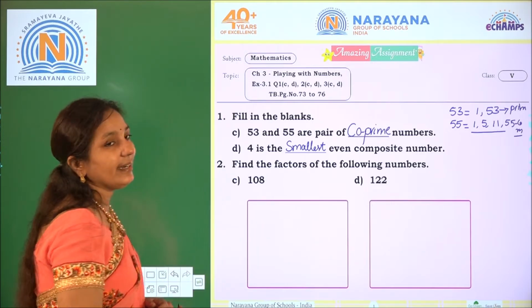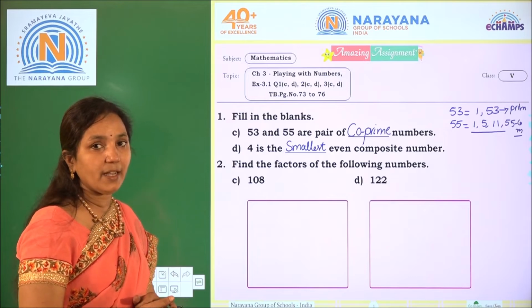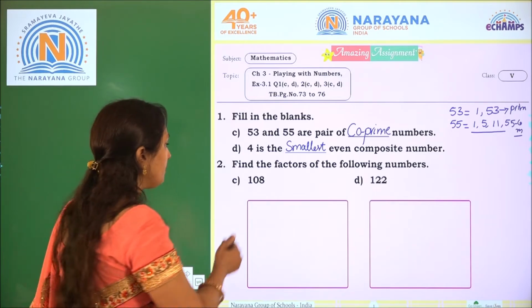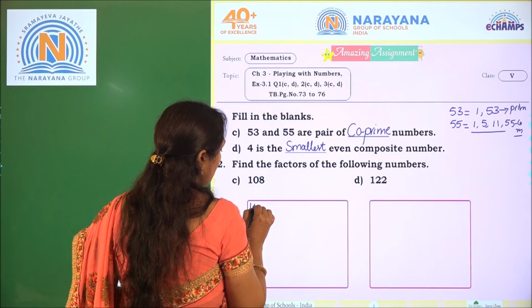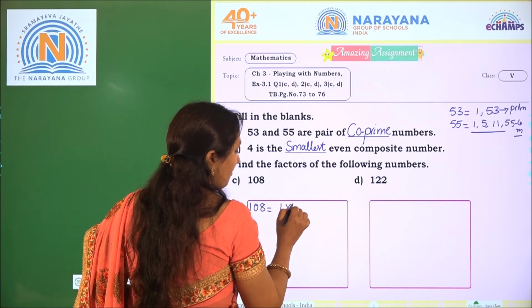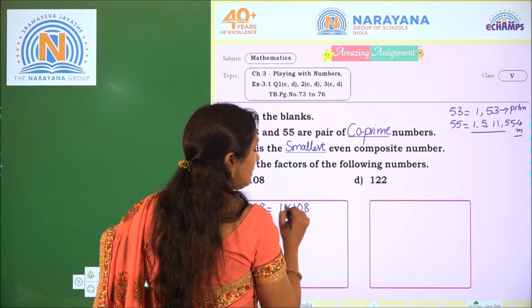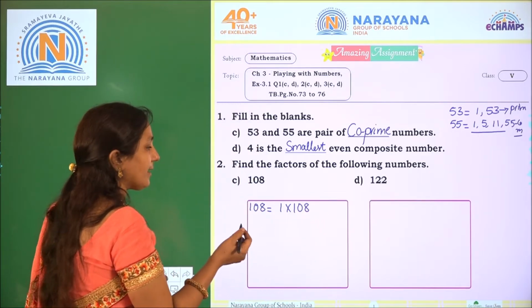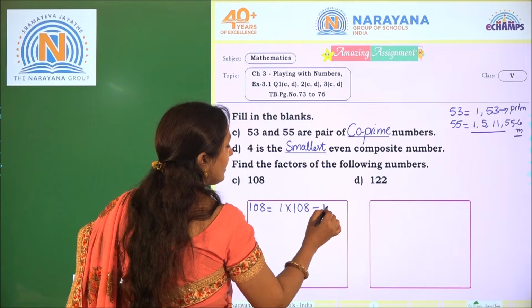First one, 108. How do we find the factors of a number using multiplication tables? We have to check how many times it will go. 1 is a factor of every number, so 1 into 108 is 108.